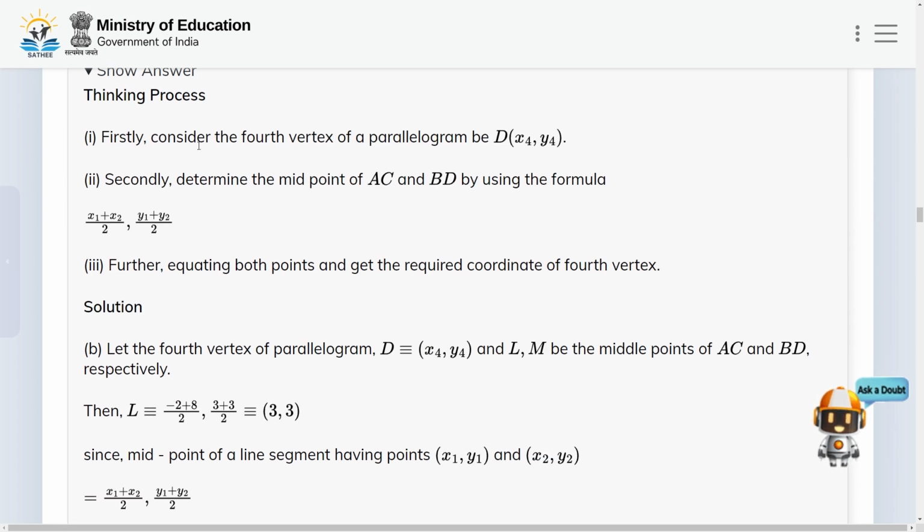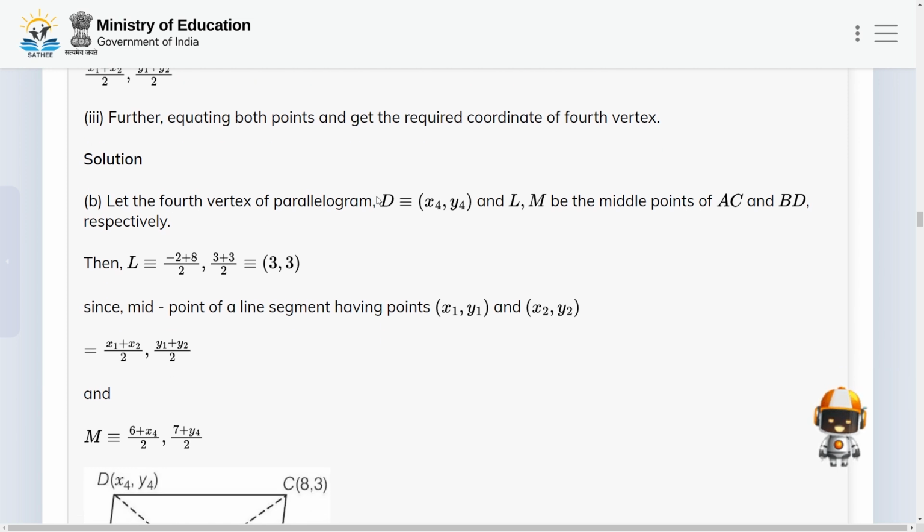So here firstly consider the fourth vertex of the parallelogram D as x4 comma y4. Secondly, determine the midpoints of AC and BD by using the midpoint formula, (x1 plus x2) by 2 comma (y1 plus y2) by 2. And in the third step, equate both points and get the required coordinates of the fourth vertex.